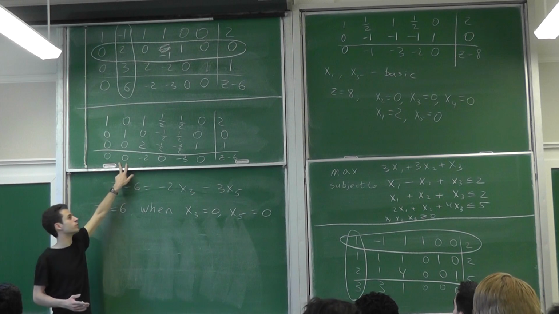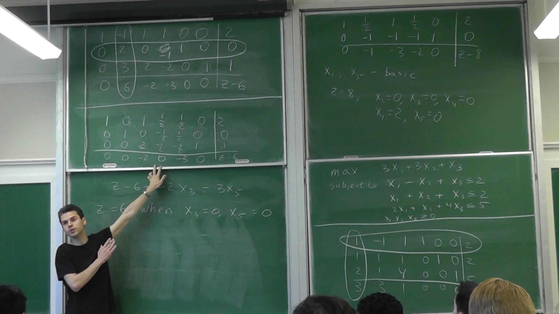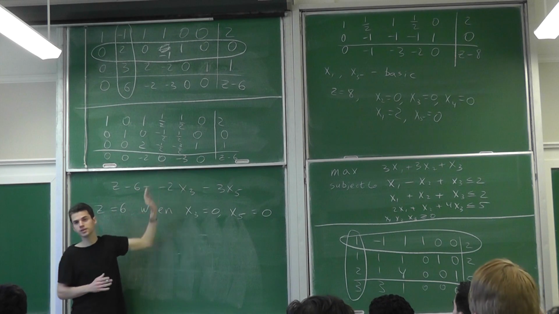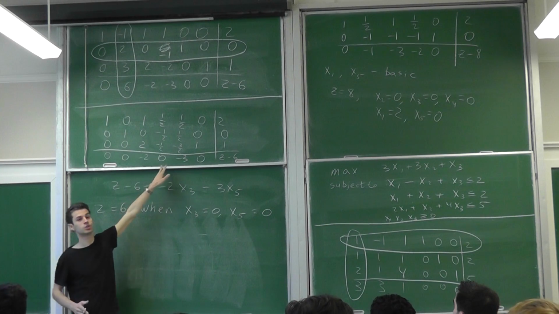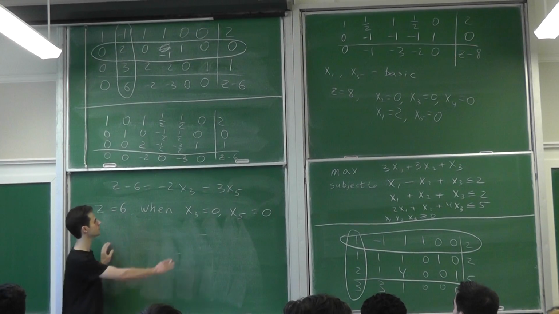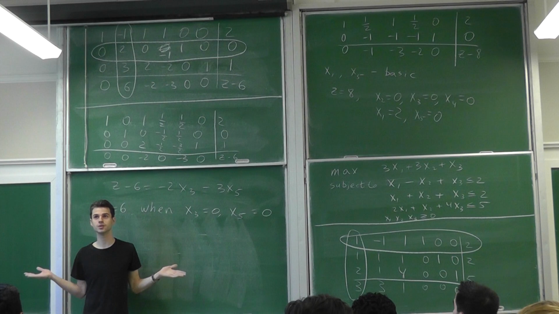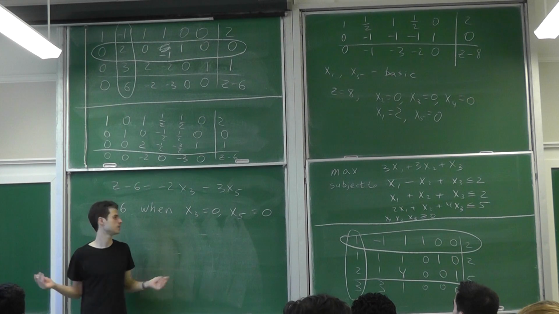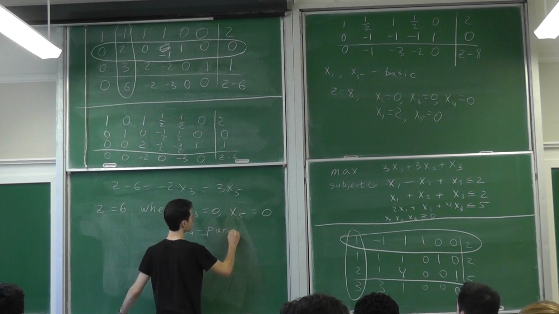Here it has to be 0. Here it has to be 0. Here it is a coincidence that it is 0. Usually it would be some negative number. But in this particular situation it is 0. So basically z is equal to 6 can be achieved by setting these two variables to 0 and x4, well, it can be anything. So x4 will be a parameter.